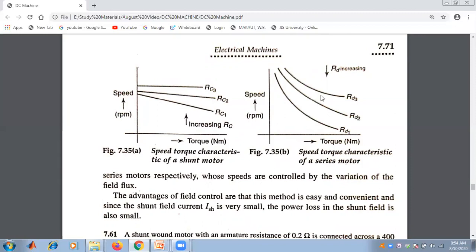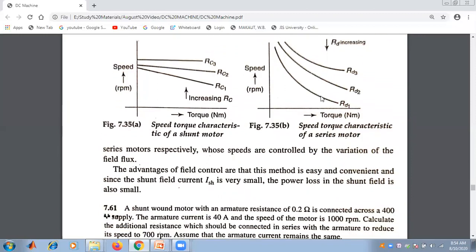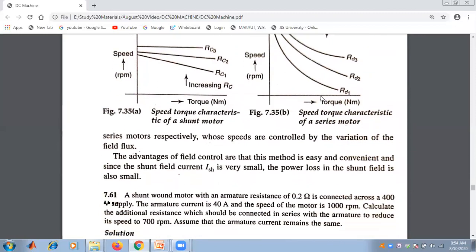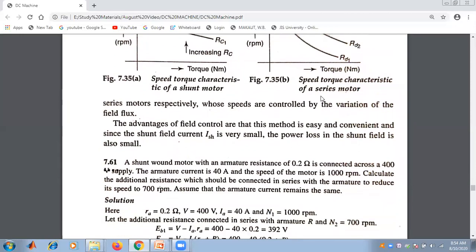So it is clearly seen that the advantage of field control is that this method is easy and convenient, and since the shunt field current ISH is very small, the power loss in the shunt field is also small.